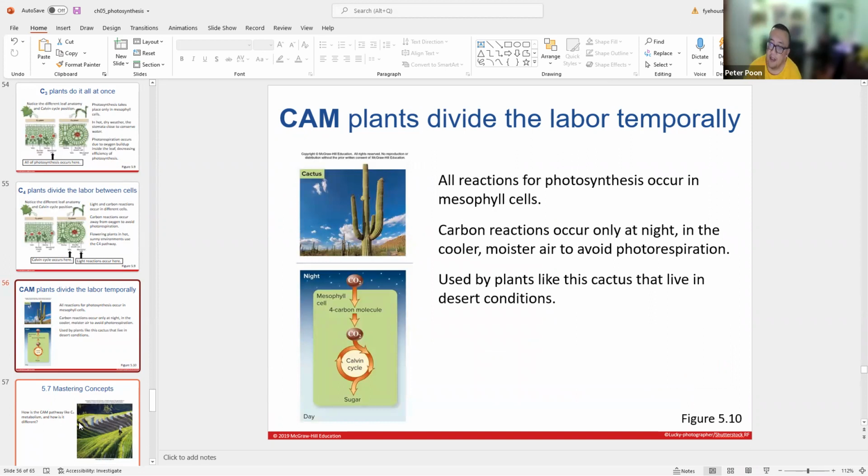CAM plants separate the two cycles based on time. The carbon cycle only occurs at night.